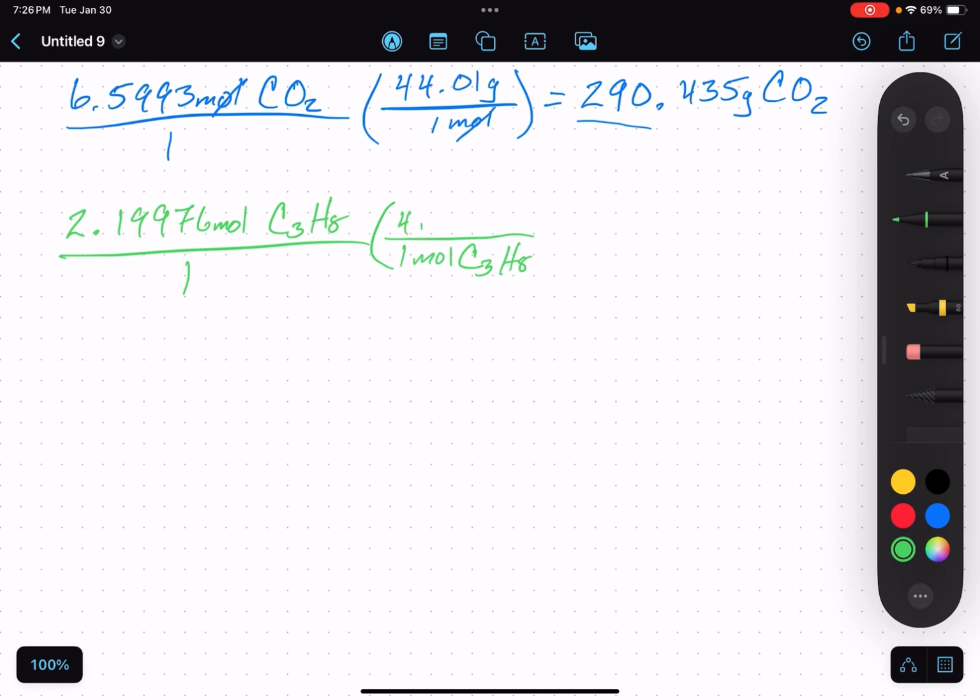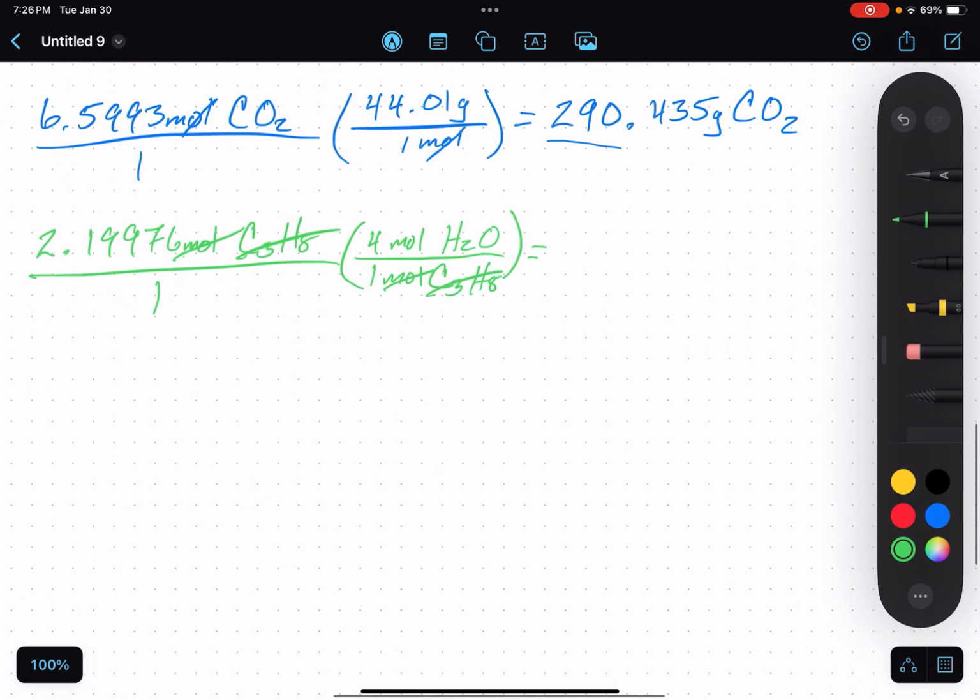And I'm going to have 4 moles of H2O. Moles of propane cancel out. So I'm going to take 2.19976 times 4, and that comes out to be about 8.799 moles of water, H2O.